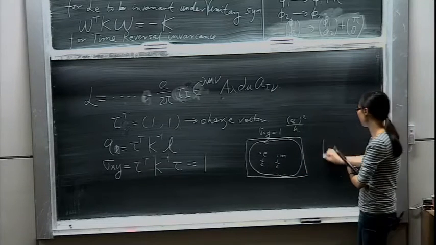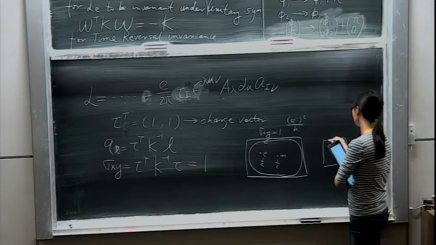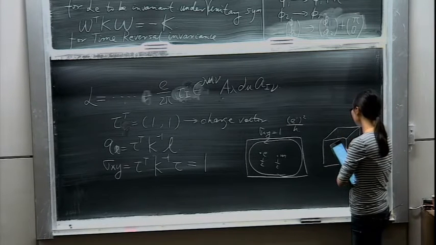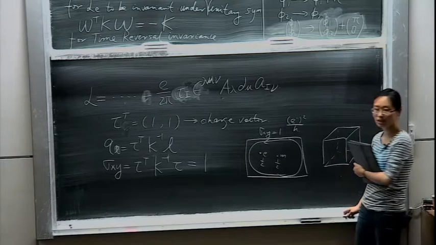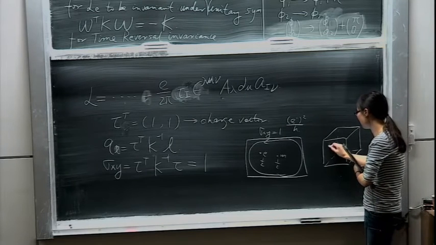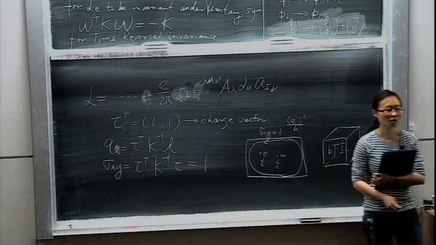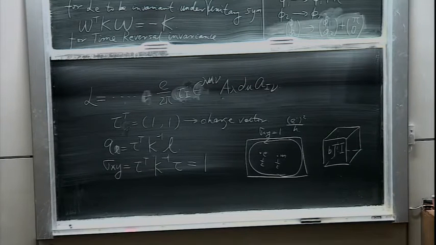But however, it can be realized on the surface of a 3-dimensional bosonic topological insulator. And by bosonic topological insulator, of course, I'm not referring to any band structure. I'm not referring to things like Liang talked about yesterday.